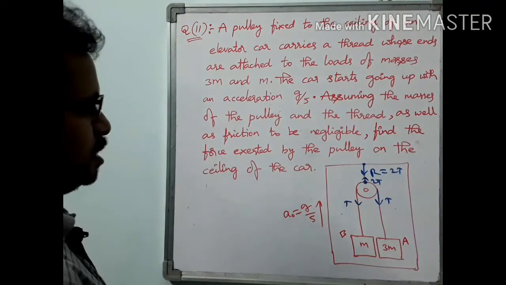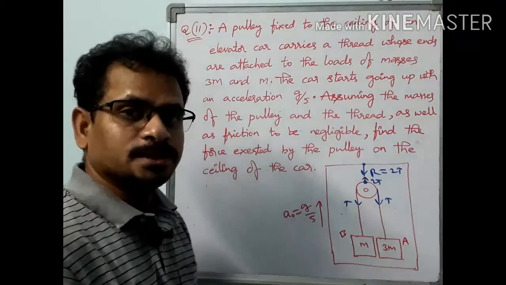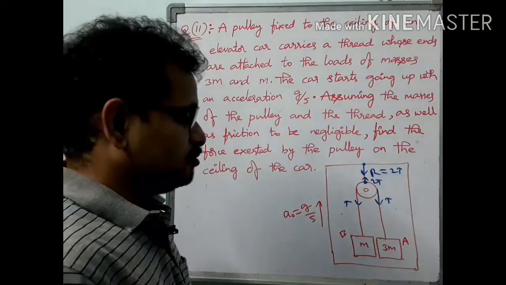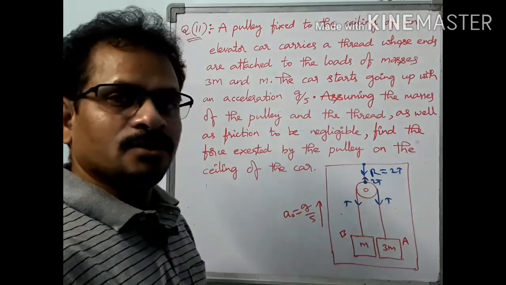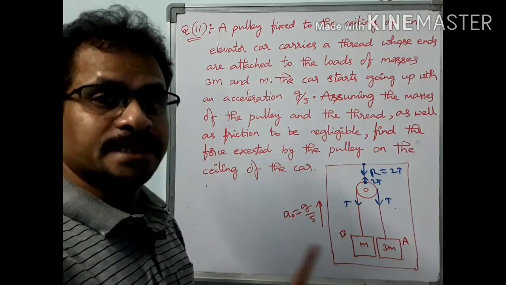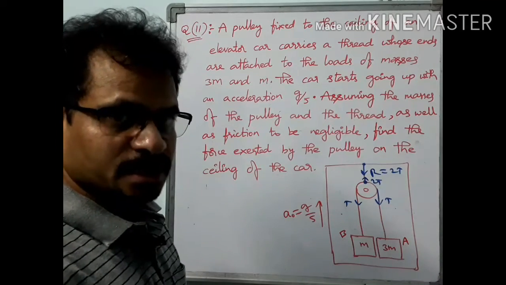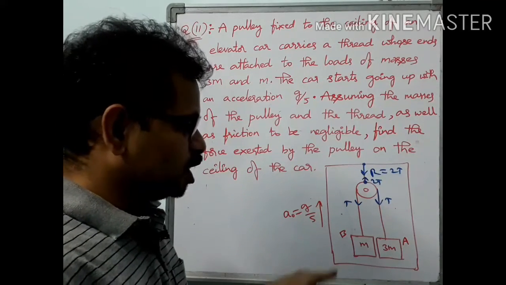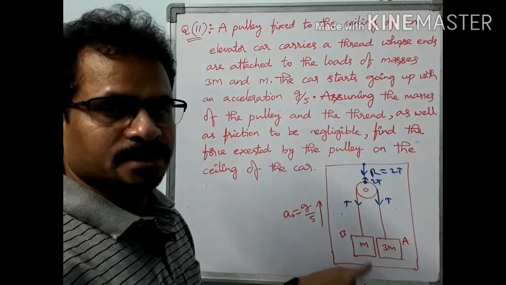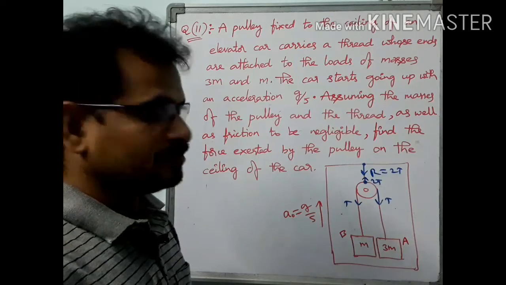See, we can solve this problem in two ways. One is standing on the ground and watching this event, that is inertial frame of reference. Ground is inertial frame of reference. The other one is going into the elevator and watching this event, that is a non-inertial frame of reference.